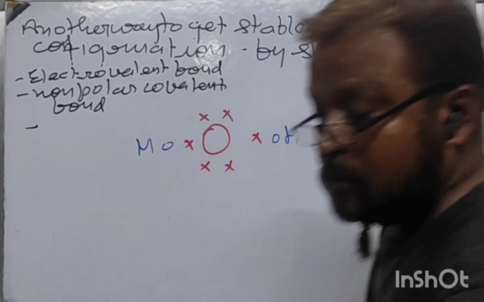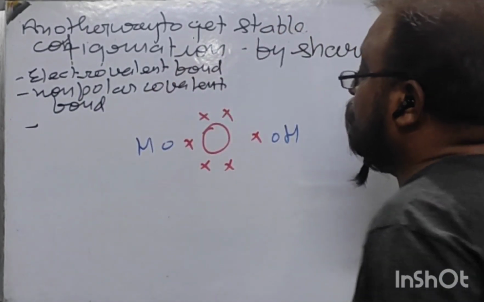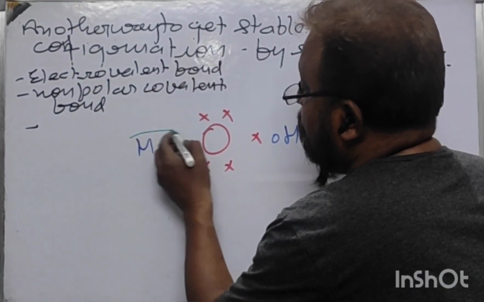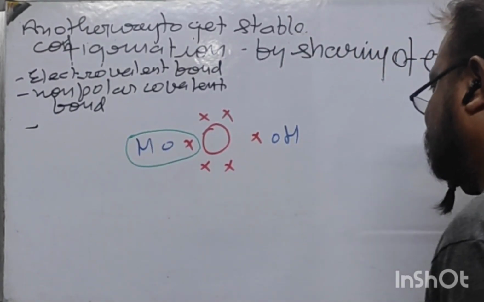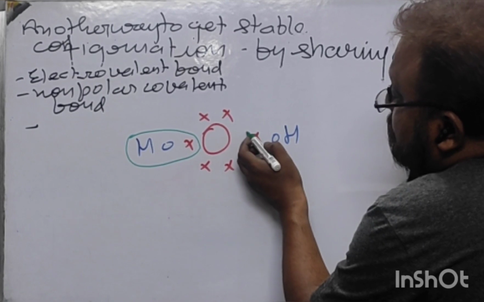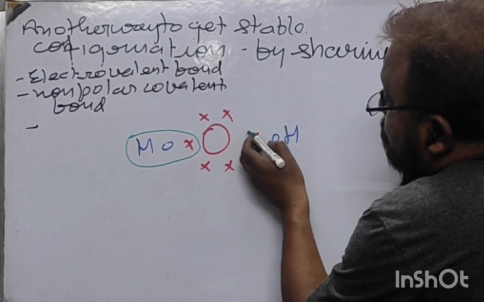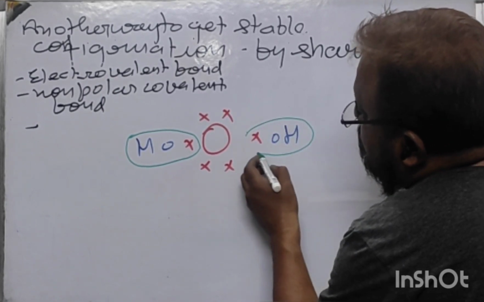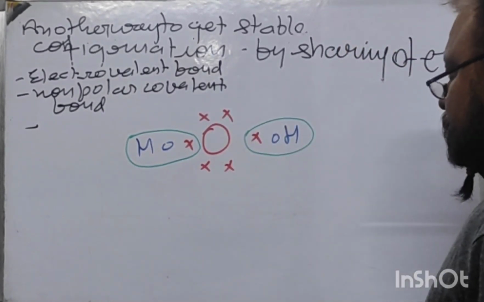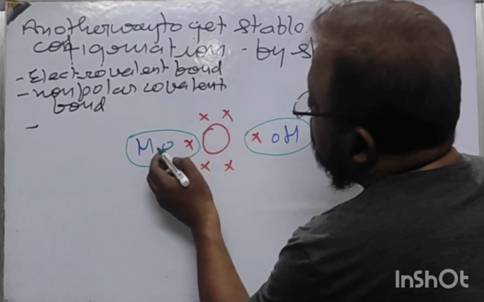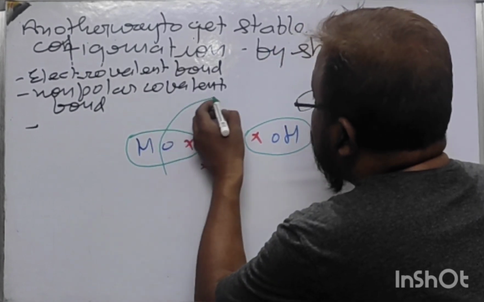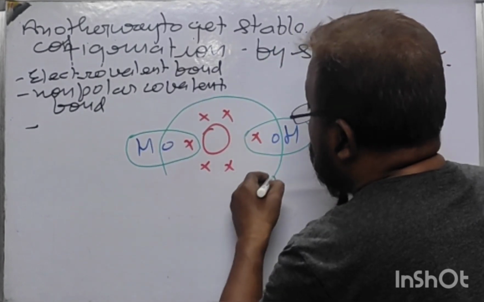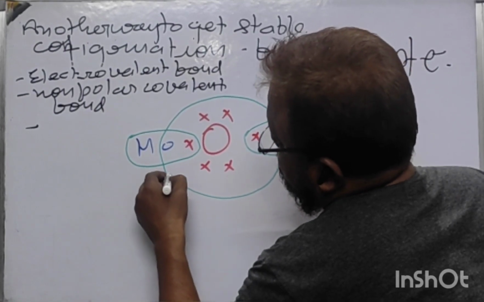So hydrogen takes 1 electron from oxygen and completes its duplet, and this hydrogen atom also takes 1 electron from oxygen and completes its duplet, and the oxygen takes one electron each from both hydrogen atoms and completes its octet, right?